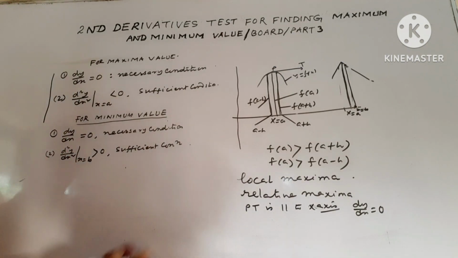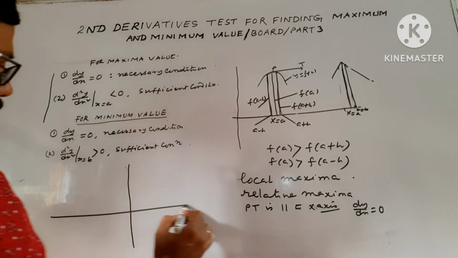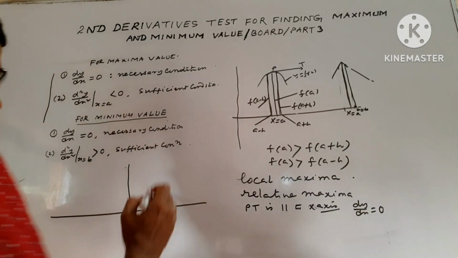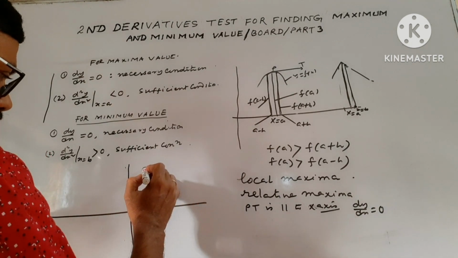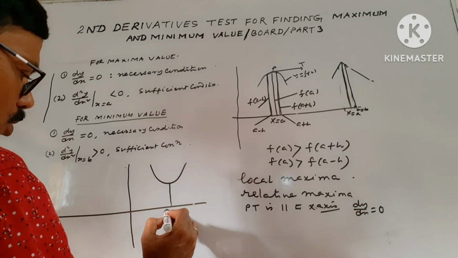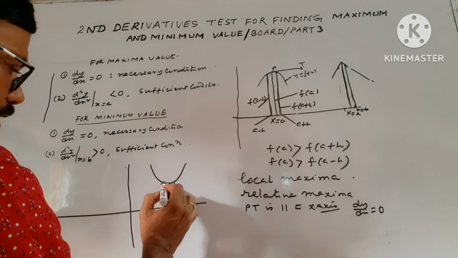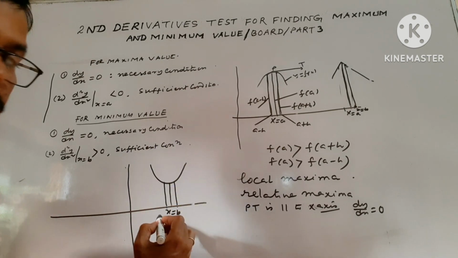Now for minimum value, we get this type of curve. Suppose x equals to b. So this is b plus h. This is b minus h.